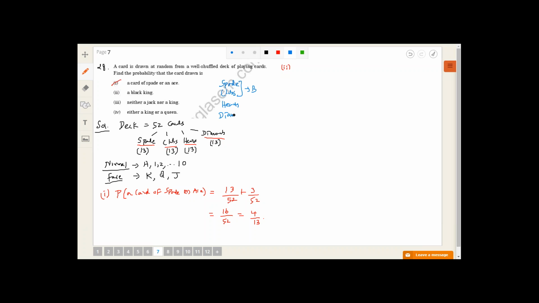Hearts and diamonds are red in color. So a black king will have black king. So king, it's four kings and black card. So black will have two kings. So probability of a black king will be 2 by 52. When simplified, it becomes 1 by 26.